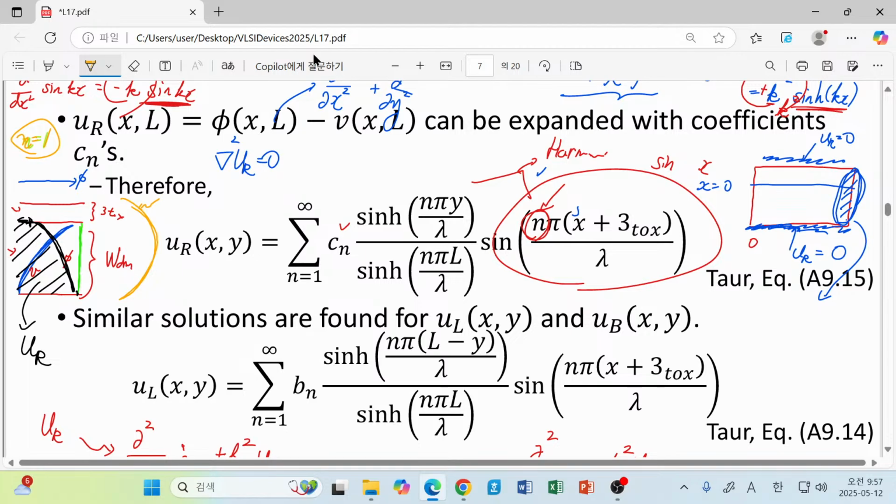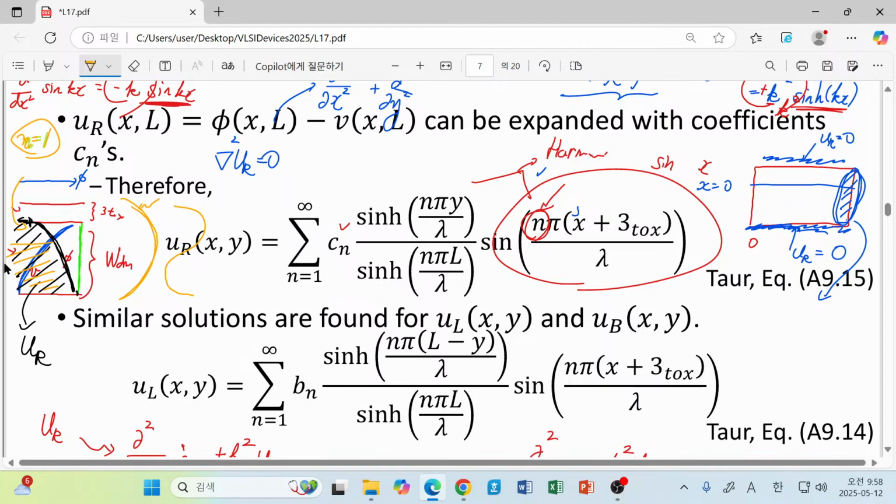Please think about n equal to 2. Then we have to make an integration of this black curve with this full sine curve. This part will contribute positively, but this part will contribute negatively.